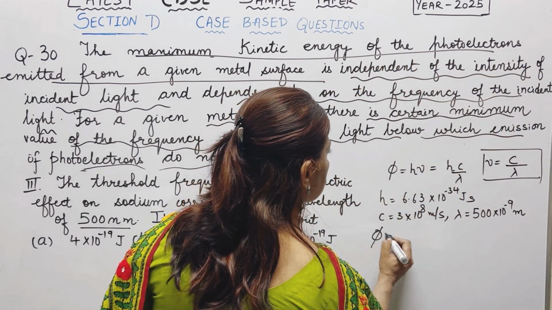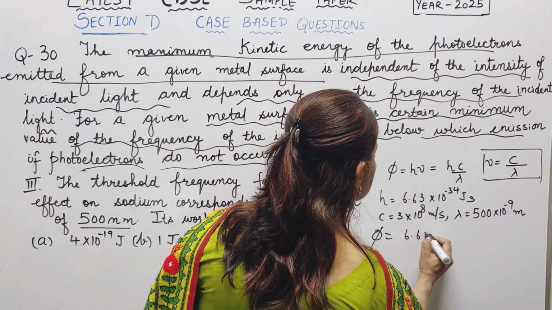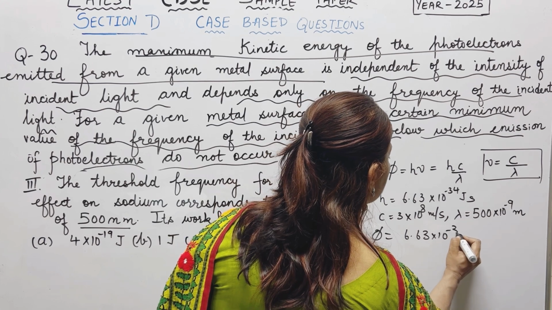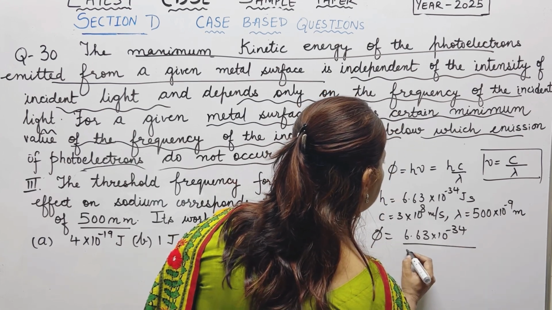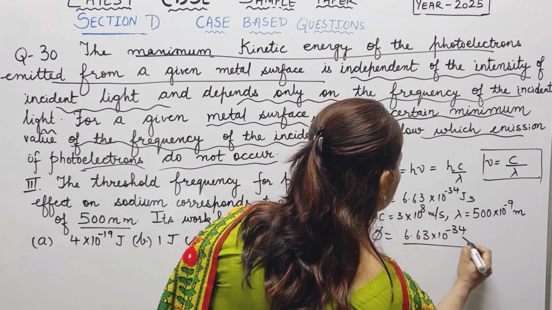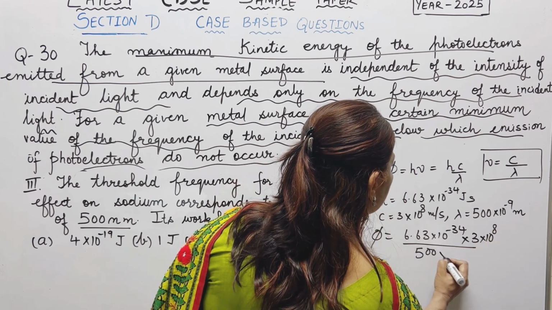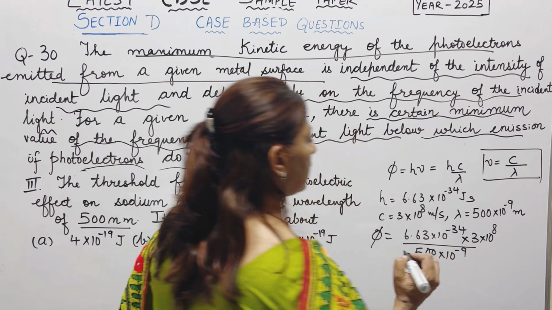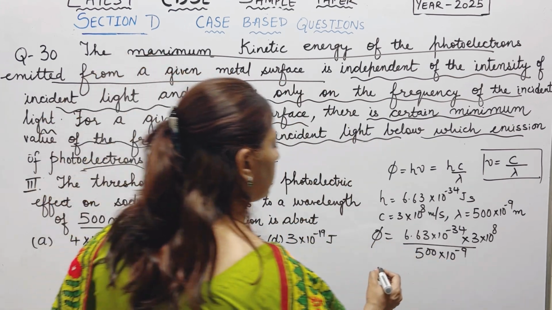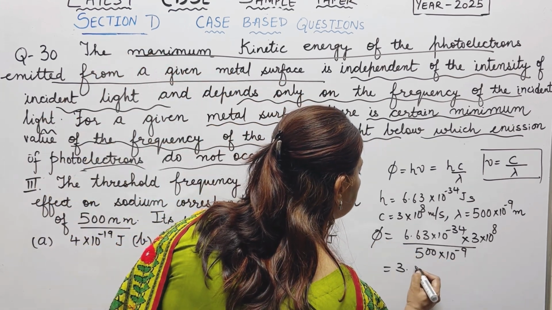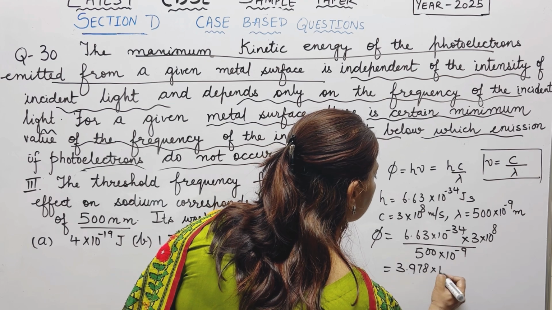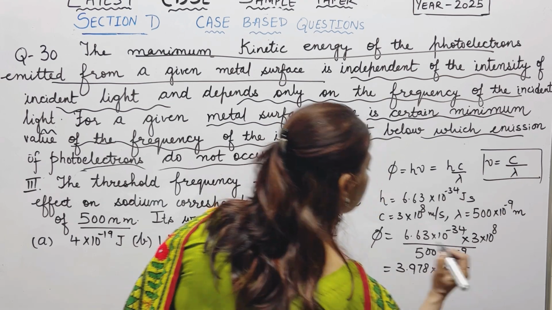So phi is equal to 6.63 times 10 to the power minus 34 times 3 times 10 to the power 8, divided by 500 times 10 to the power minus 9, and this value comes out to 3.978 times 10 to the power minus 19 joule.